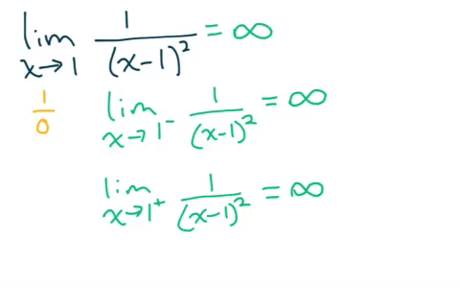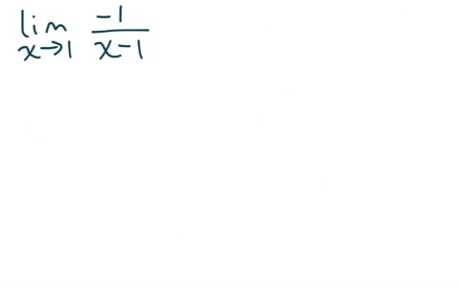Now, technically, this means that the limit does not exist, but it's a specific way in which the limit does not exist. Let's look at another example. Now, in this case, we're still approaching 1. We're still getting a number that is not 0, in this case negative 1, divided by a number that is 0, which is going to suggest that we have a vertical asymptote.